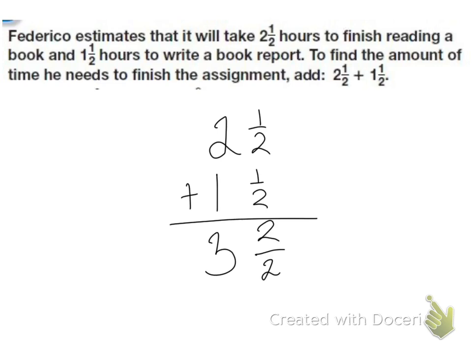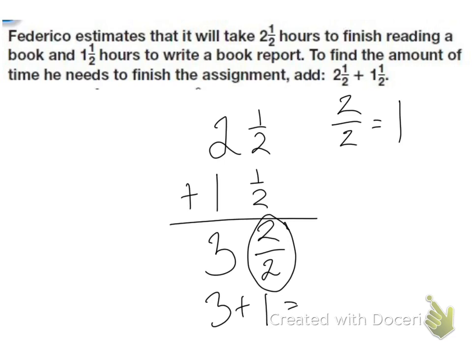Well, I know the fraction 2/2 equals 1 whole. Okay, so 3 and 2/2 equals 3 plus 1, which is equal to 4. So it'll take him 4 hours to finish his assignment.